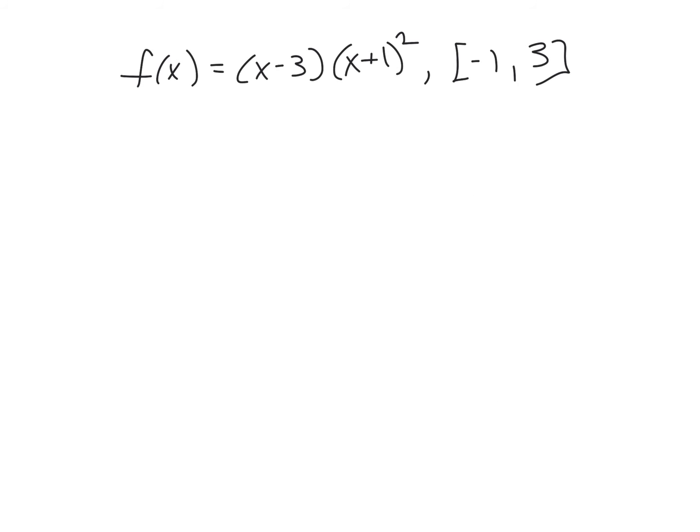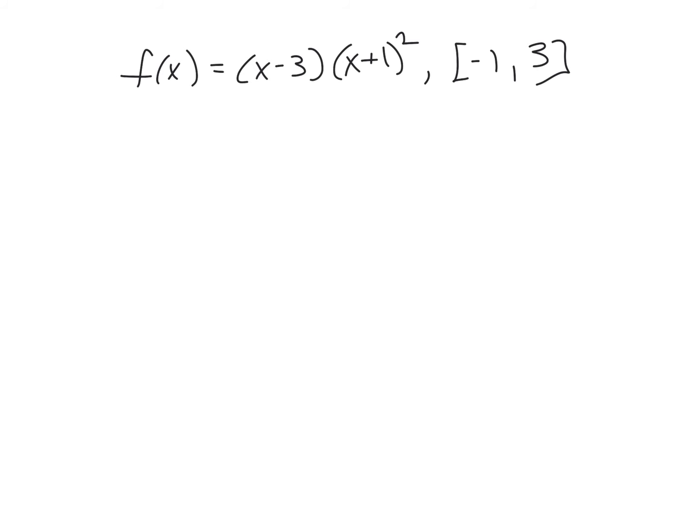Another example: f of x is equal to the quantity x minus 3 times the quantity x plus 1 squared, and our interval is from negative 1 to 3. We're saying that there is going to be some value that makes the derivative equal to 0. So, the derivative, a lot going on here.